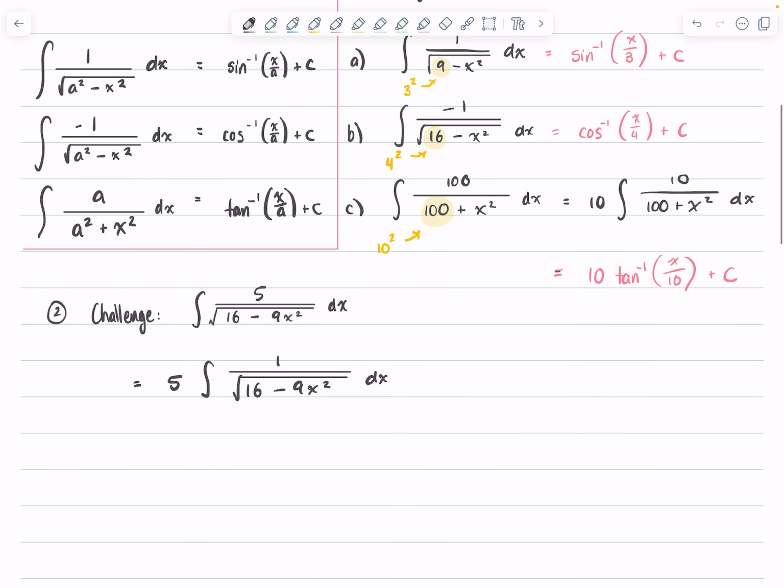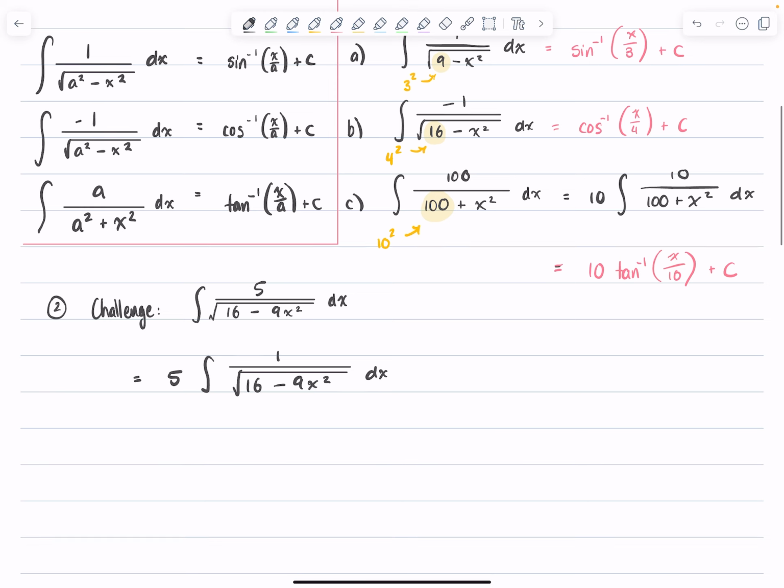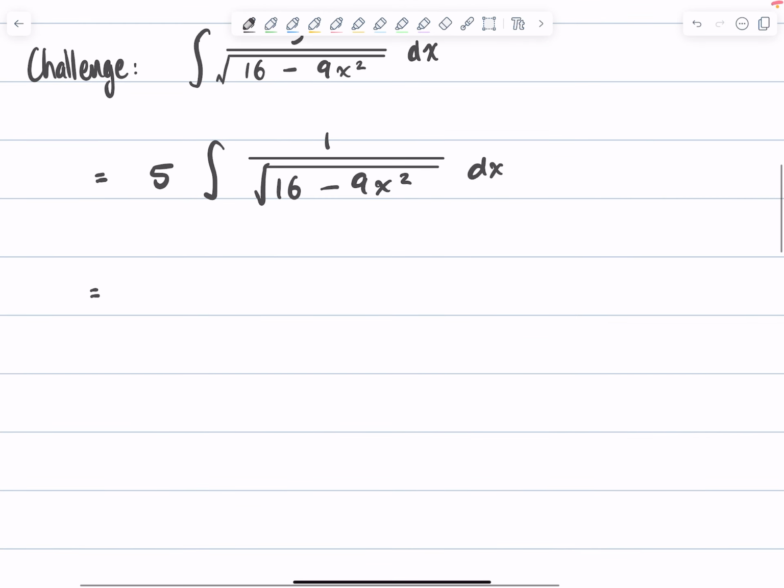With that said, there's more steps to be had because in this expression here, I've only got x squared. I don't have ax squared or bx squared or some constant out the front of x squared. So I'm going to have to manipulate this denominator to ensure that in my square root, I only have x squared. I'm just going to continue on here. 5 times the integral of 1 on, and I'm going to be factorizing out within the square root.